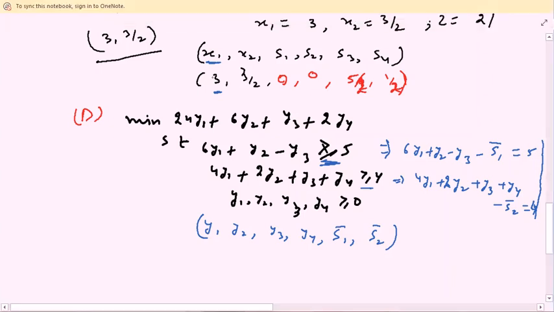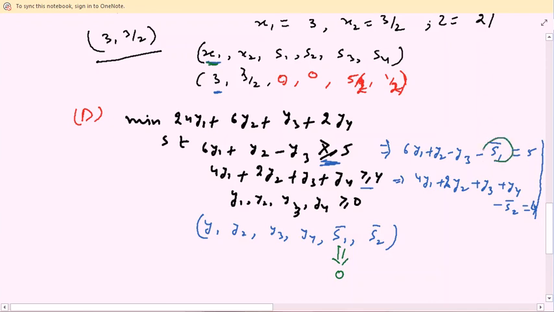Since x1 is positive, that means my first dual surplus variable is taking 0 value, because primal variables are connected with the slack or surplus of the dual variables. In other words, if s1 bar is 0, that means the first dual constraint is satisfied as an equality constraint.